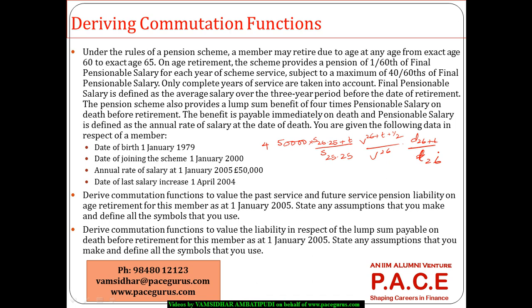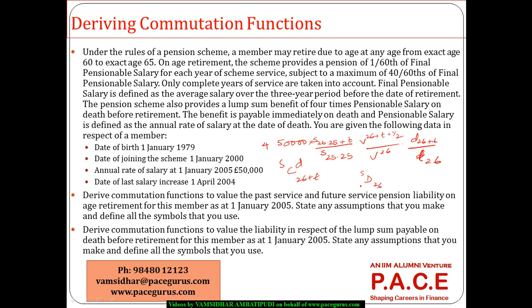So I can again take the commutation function, the numerator I can call it as SC 26 plus T D. This I can call as the numerator part of it. Denominator I know that I can call it as SD26.